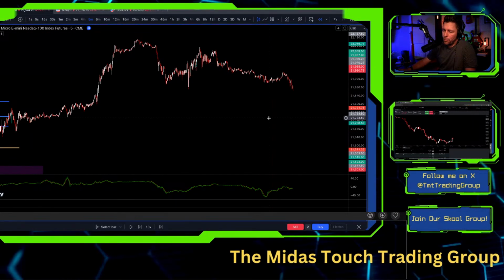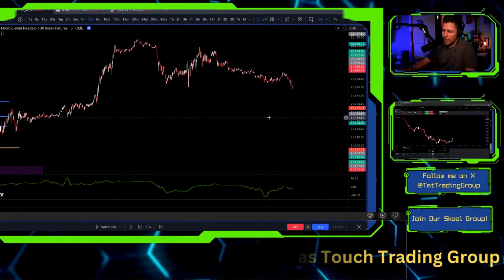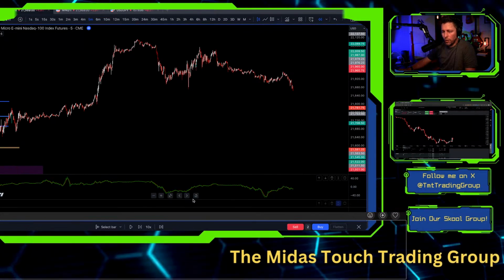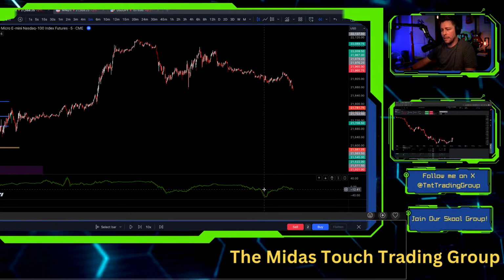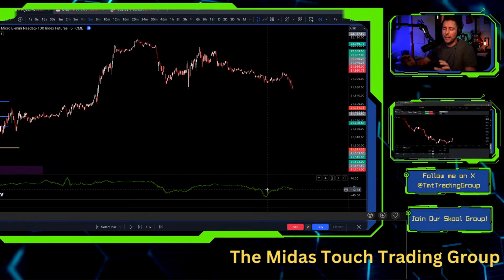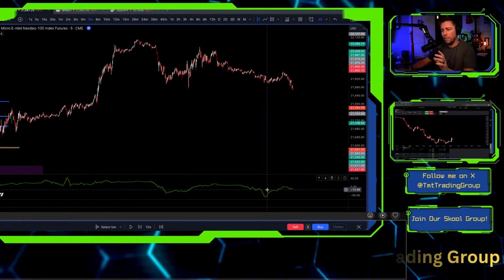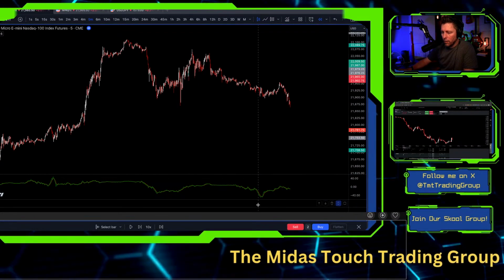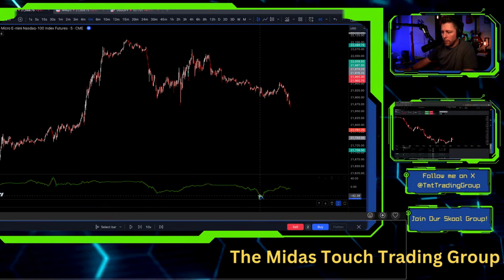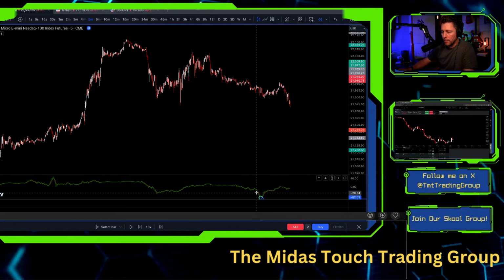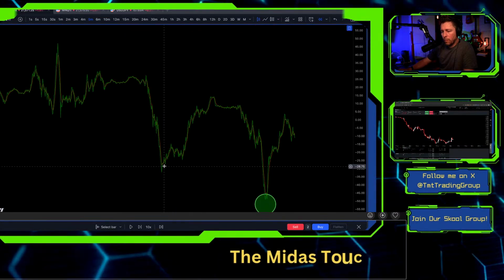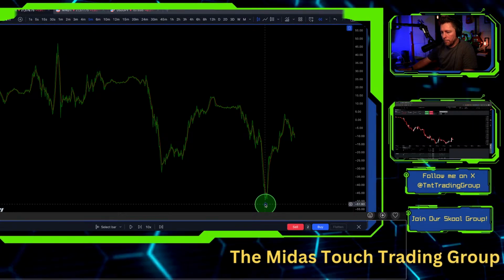Now, what's interesting is that if you look at this around, I'm not going to say it's the same time every day, but we'll take this as an example. Look at the wave right here, dipping down, the volume, extremely low. Look at the prior wave, way over here. I'm just going to line it out.